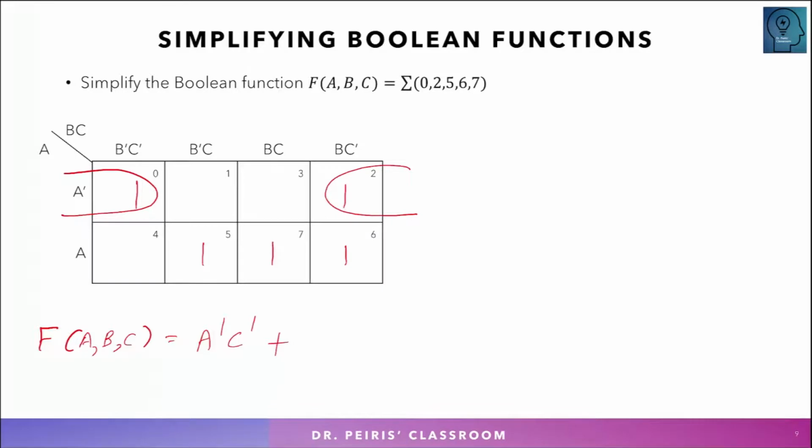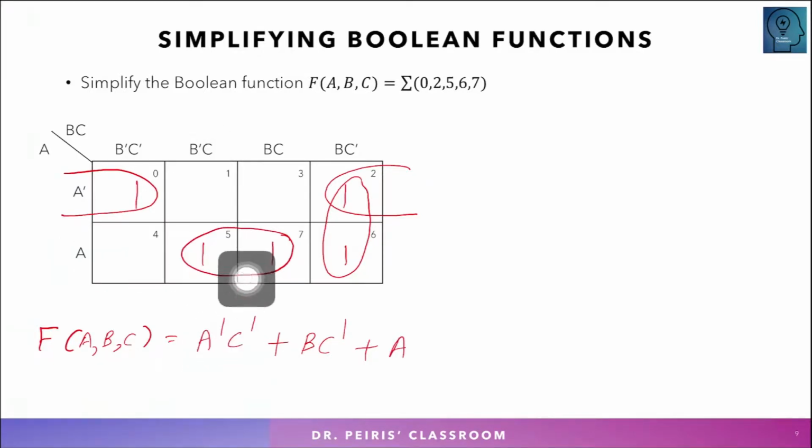Now how do we group the other ones? This one can be grouped with this one, so we can make a group here. That group is BC prime. And then we can simply combine these two. Both are on row A, so A is common.